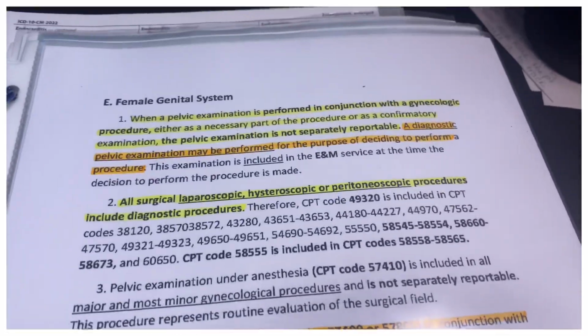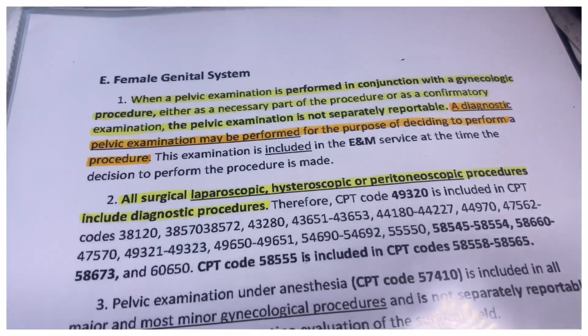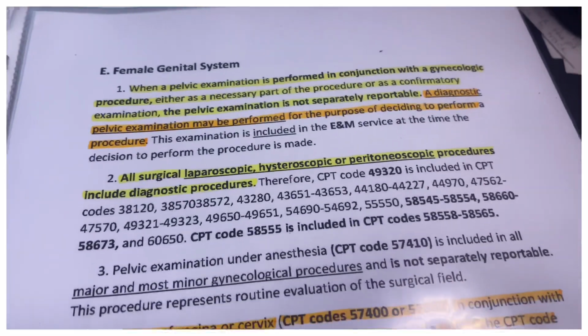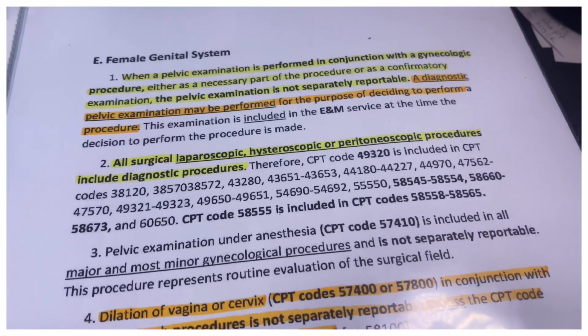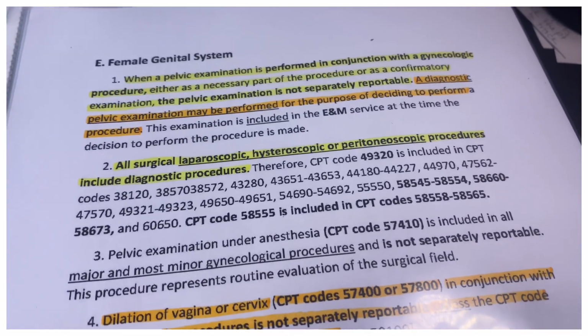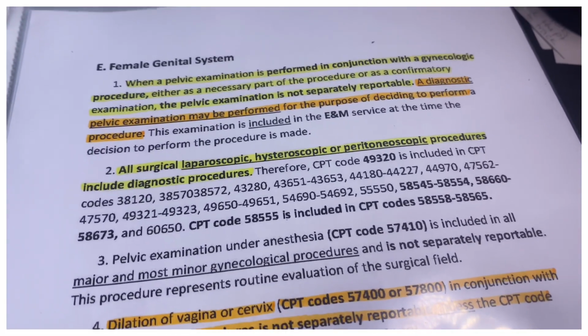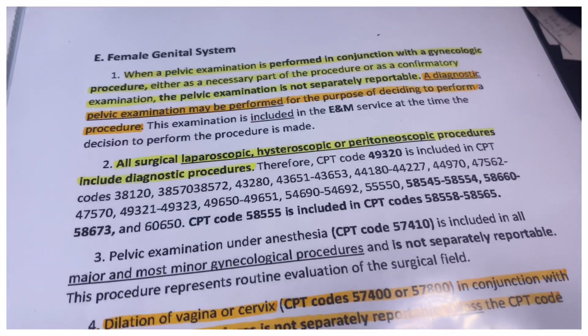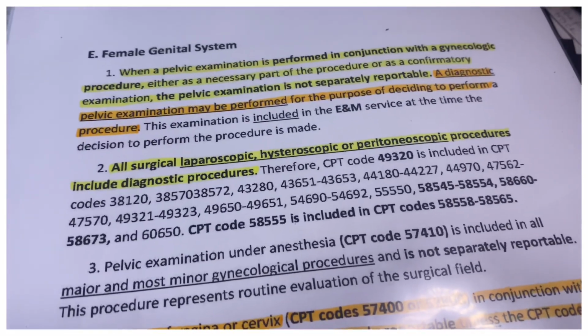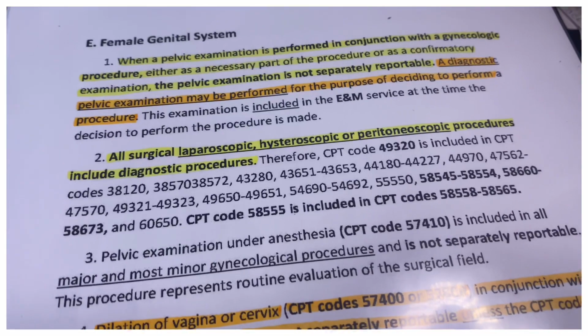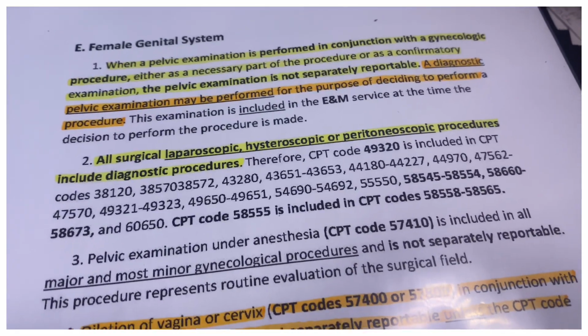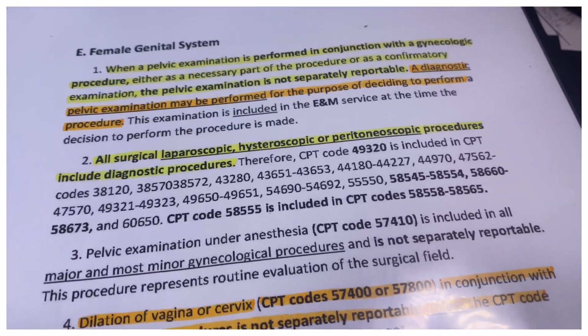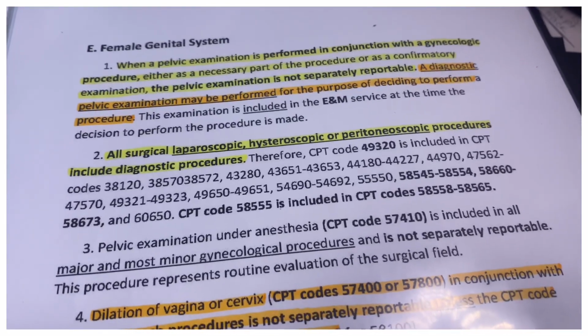Okay, so underneath letter E of the same chapter 7, it says at number 2, all surgical, laparoscopic, hysteroscopic, or peritoneoscopic procedures include diagnostic procedures. Therefore, CPT code 49320 is included in CPT codes, and then they give you a code range.